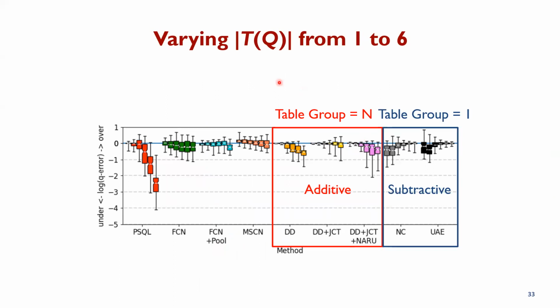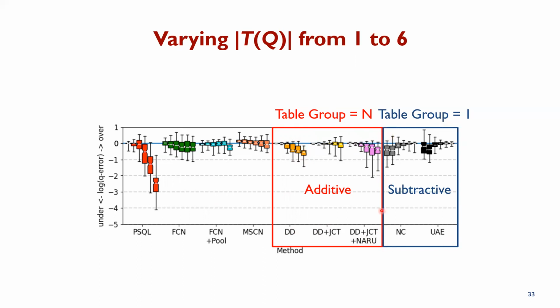We also vary the number of tables in the test queries from 1 to 6. And DeepDB variants here with table grouping have an additive and increasing error because the large queries need multiple models and more independence assumptions between the models are used.